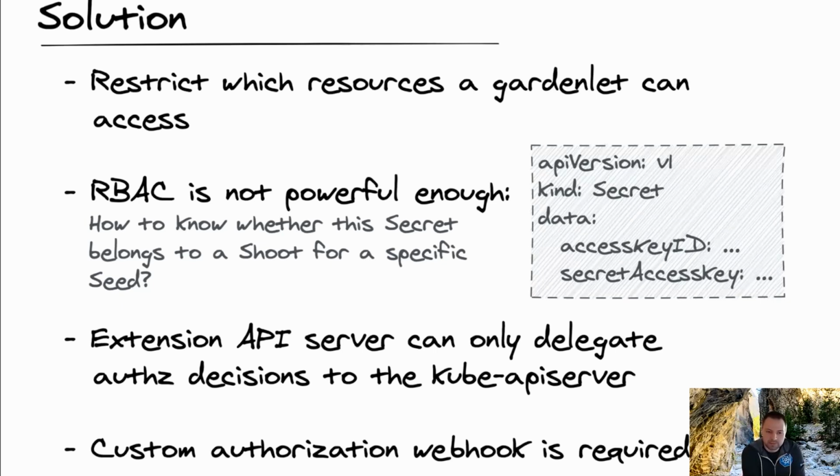We can only delegate the decision back to the Kube API server, and for our use case, what this extension concept allows is not really applicable. But there are in Kubernetes these custom authorization webhooks, and this would be the concept that we can use.